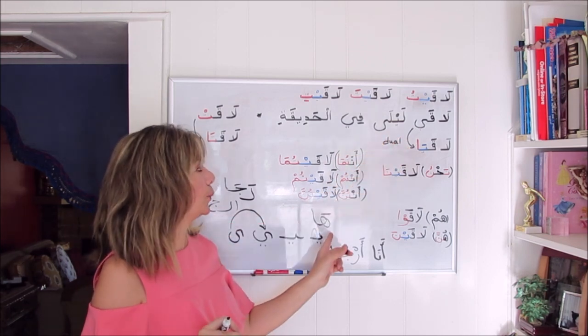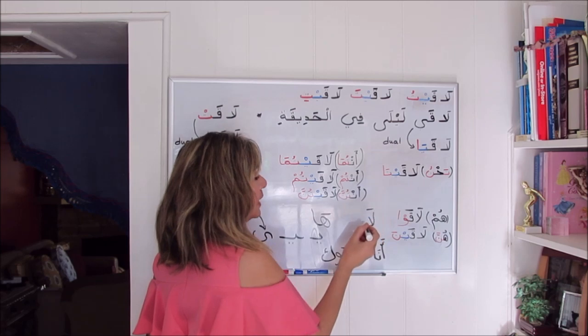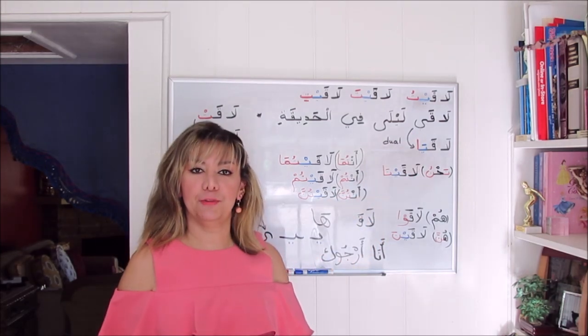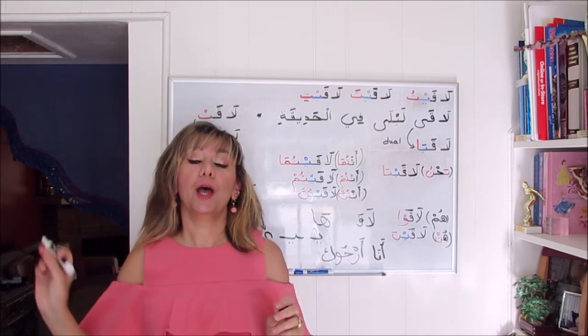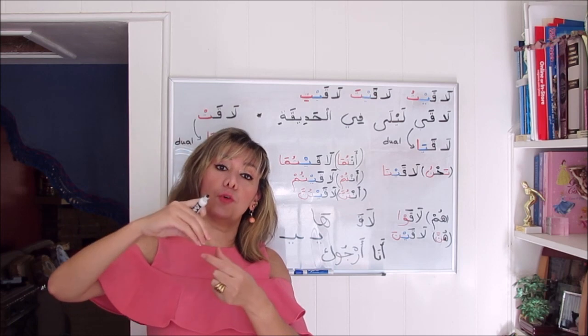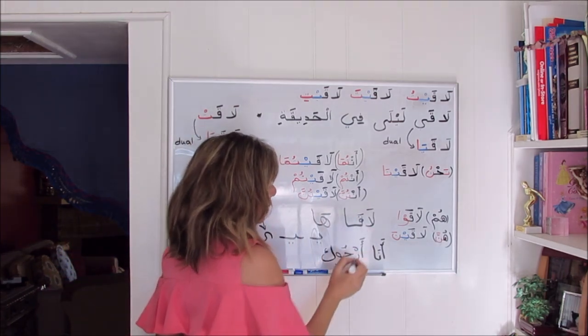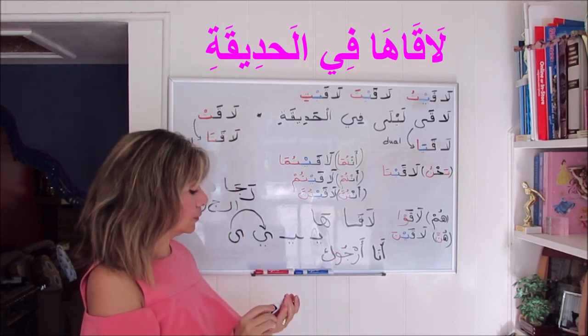Ha. Her. So what do we do? We have to extend this shortened alif. Alright, it has to be reverted to its extended original form, the lengthened one. Laqaha. Laqaha. Alright? That's the way.